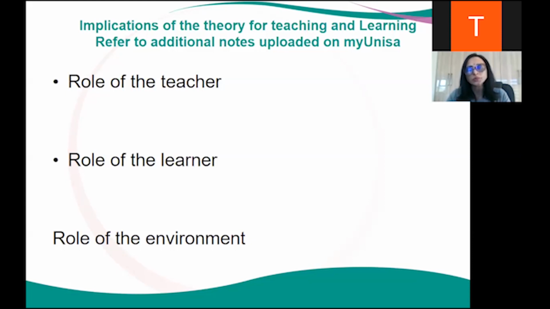So I urge you to visit my UNISA platform and download those articles. In addition, you can also search the internet, visit different websites, and look for more readings on the role of the teacher, the learner, and the environment.